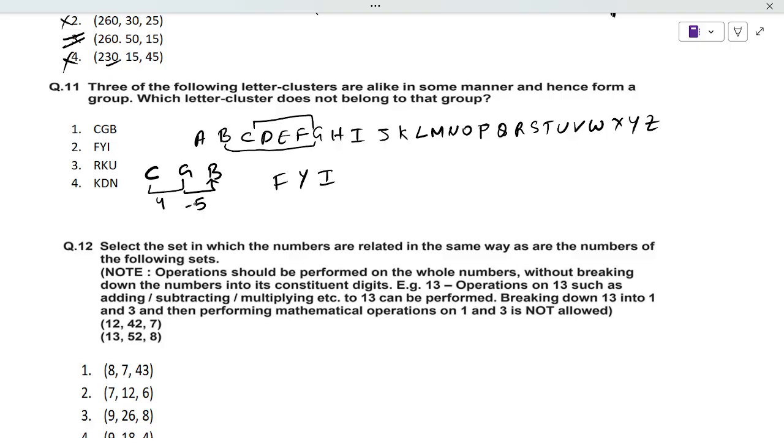So this one is minus 5. F, Y is too far, so let's take the other side. So 1 2 3 4 5 6 and 7. Alright, minus 7. Y and I, so let's take the right side. 1 2 3 4 5 6 7 8 and 9 10.